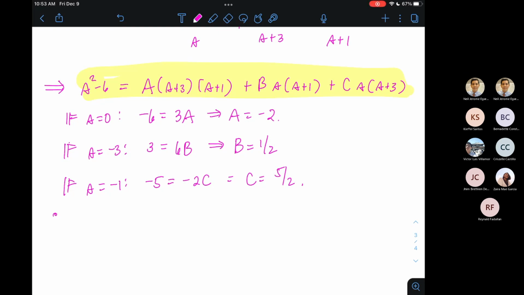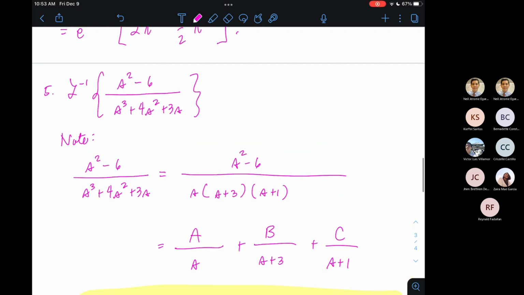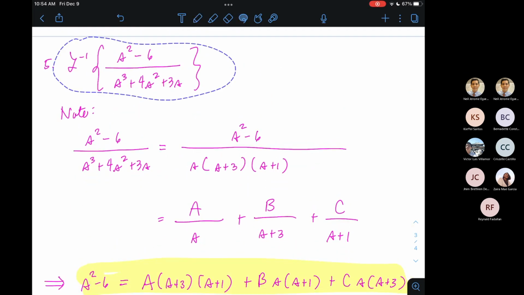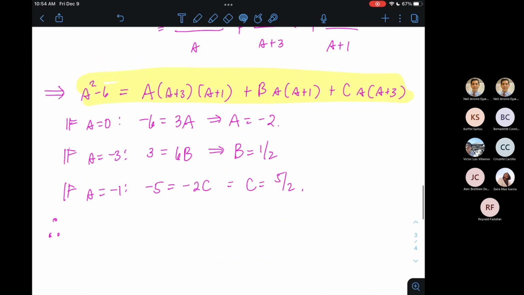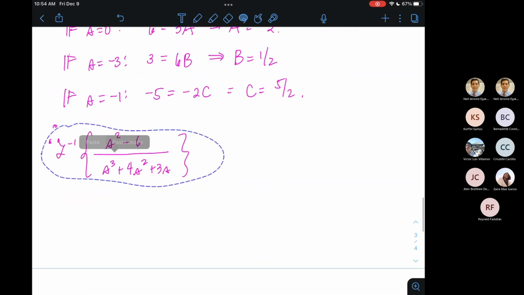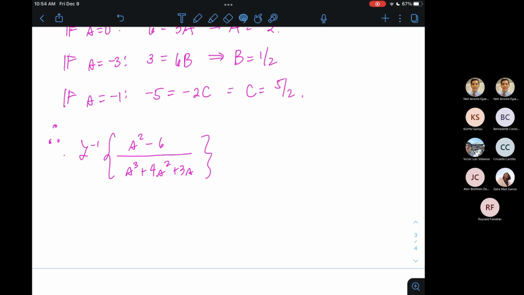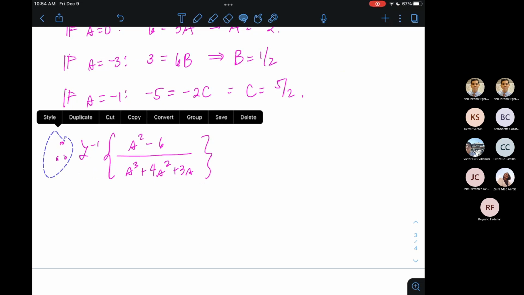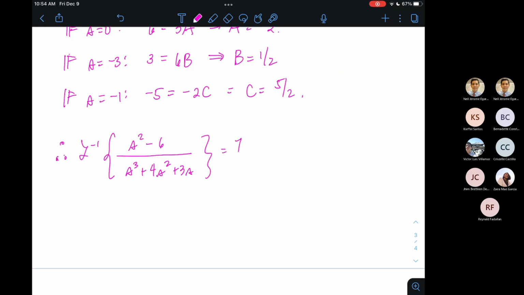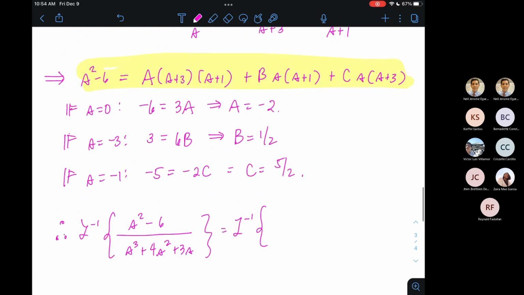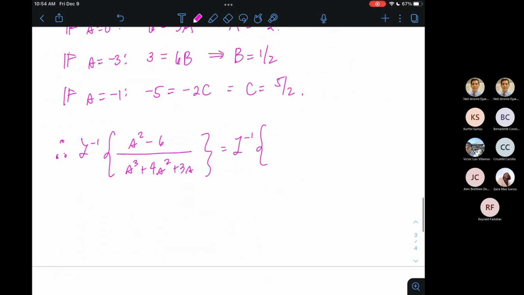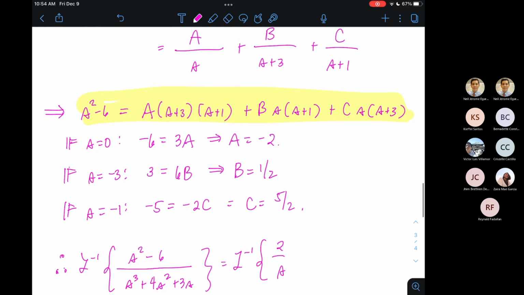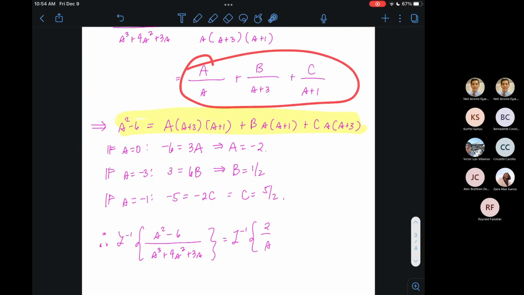So therefore, yung pagkakasplit ng Laplace transform natin, the original expression, ay pwede nating masulat as the inverse Laplace transform of -2 over S. Ipa-plug in ko lang yung values ni A, B, and C na nakuha natin.